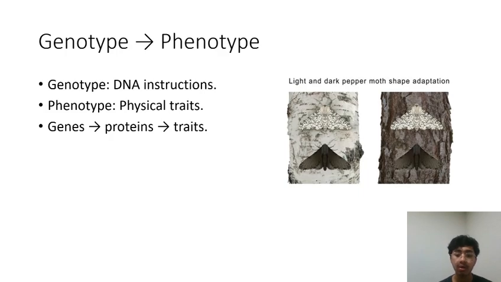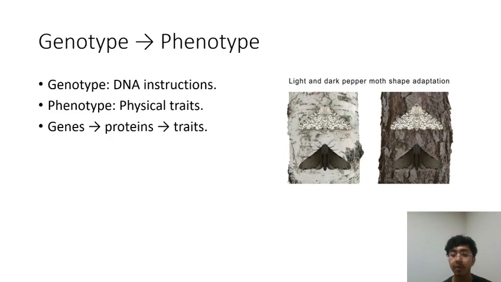In the peppered moth, a single gene determines wing color. Two light alleles produce a light-colored moth, while having at least one dark allele produces a dark-colored moth. The difference might seem small, but you'll see later it can mean life or death depending on the environment.